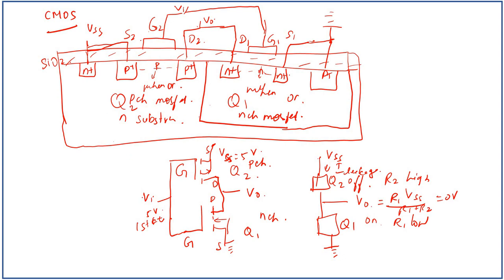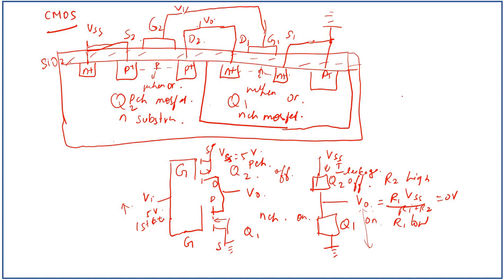When Vi is in high state, the N channel MOSFET is on and the P channel one is off. When Q2 is off, the resistance here is high, and Q1 is on. So the output voltage V0, taken from here to ground, is R1 into VSS by R1 plus R2. Here R2 is high, so this becomes 0 volt.